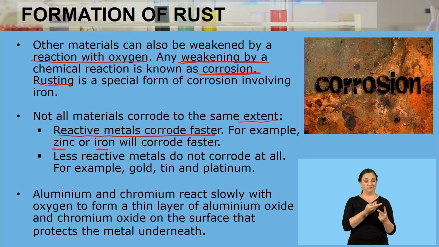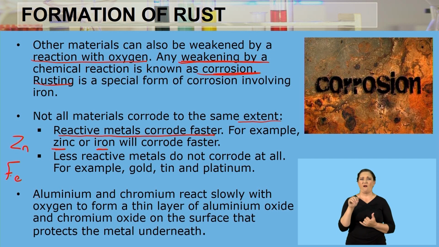Those two substances are going to corrode faster. Remember that the chemical symbol for zinc is Zn, capital letter Z and small letter n, and the chemical symbol for iron is capital letter F and small letter e. However, when we look at aluminum and chromium, they react slowly with oxygen.